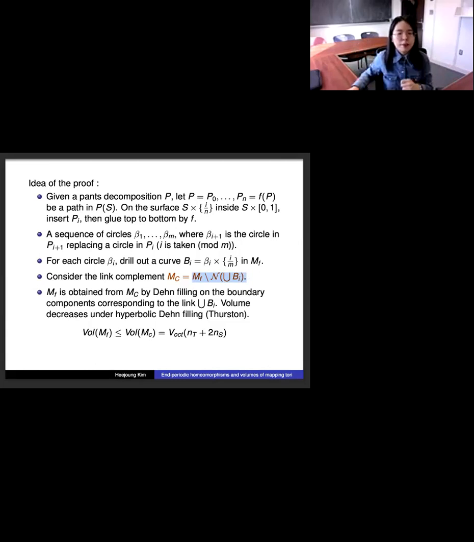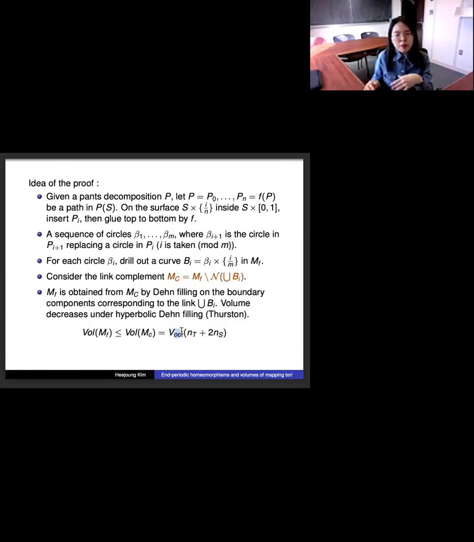By Thurston, the volume decreases under hyperbolic Dehn filling. So we have the first inequality, and Agol computed the volume of this model manifold M_C as the regular ideal octahedron times N_T plus 2 N_S.